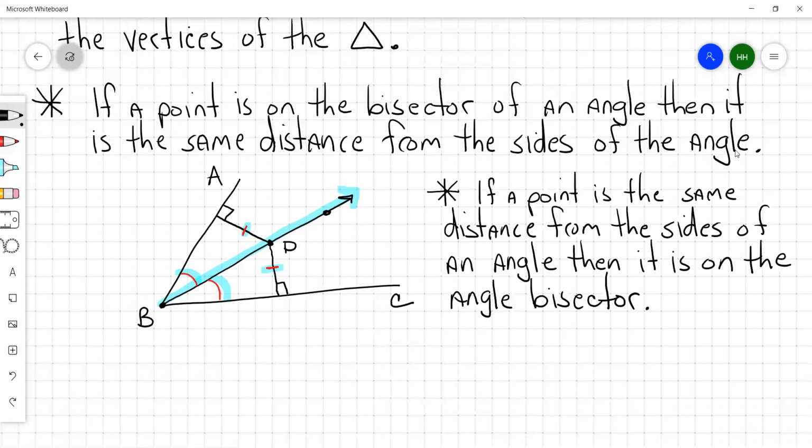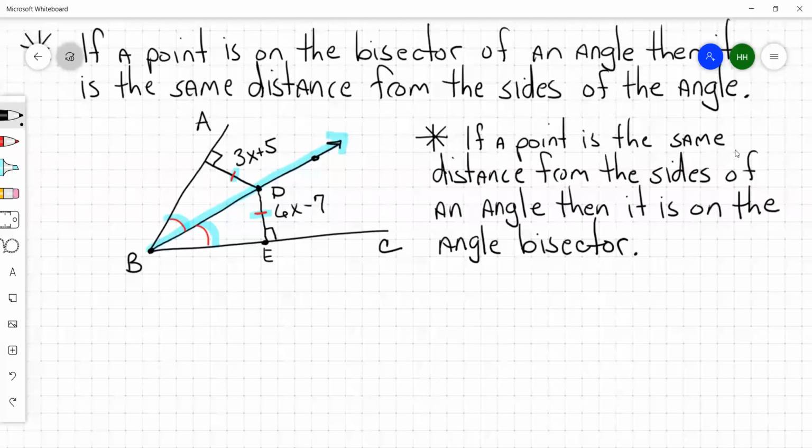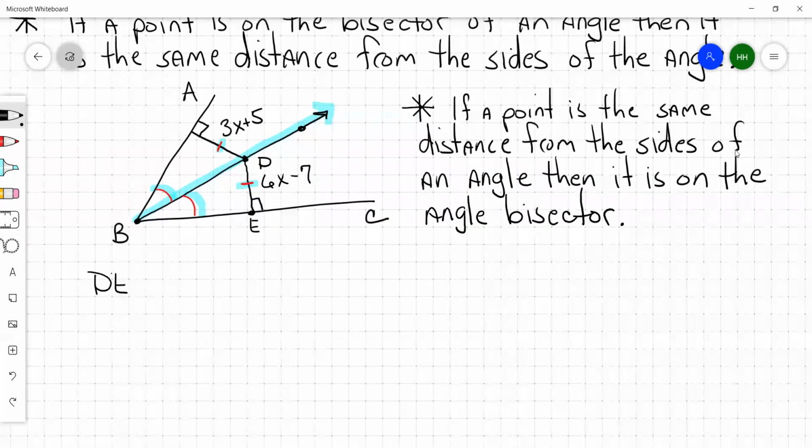So if you're given this picture and you're told that AD is 3x plus 5 and D to BC is 6x minus 7, and you have to find the distance from, let's say, D to E, you'd have to solve for x first and then substitute. So if you had to find DE, all right, your 3x plus 5 is equal to your 6x minus 7.